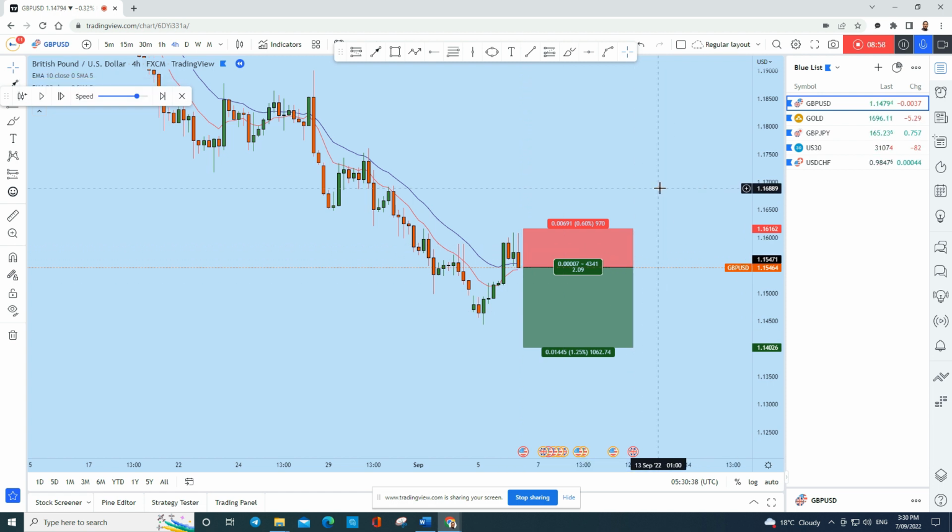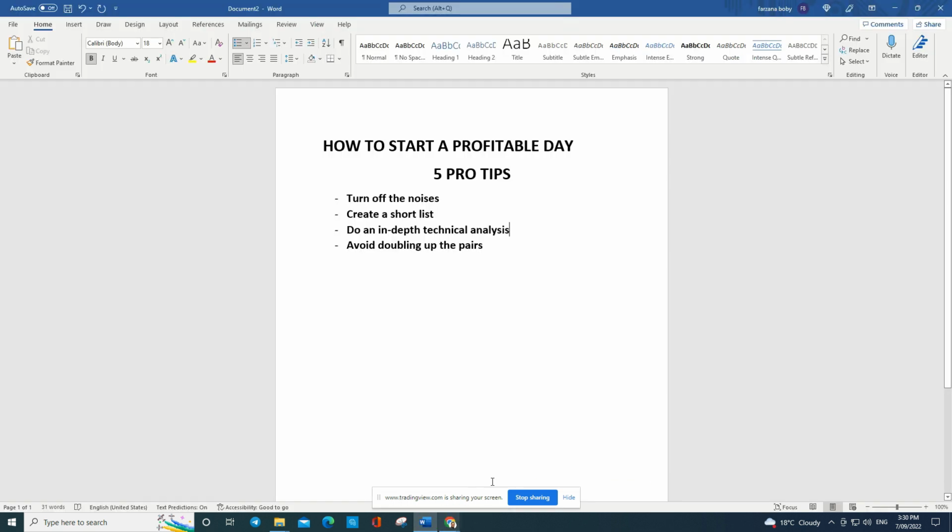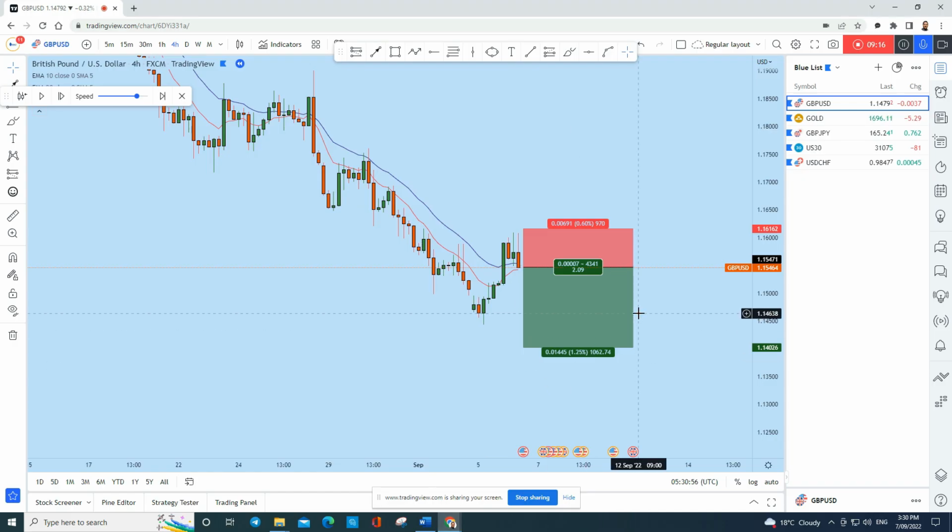So that's how you can do an in-depth analysis. This is just a demo that I'm showing before you make your trading decision. So with that said, the fourth thing that you can do is avoid doubling up the pairs. What do I mean by avoid doubling up the pairs? This has happened especially in the beginning.